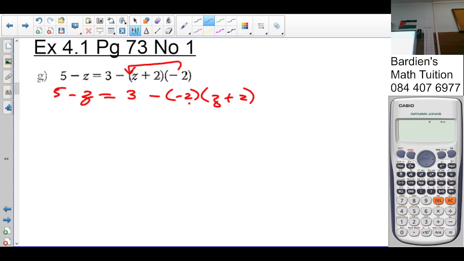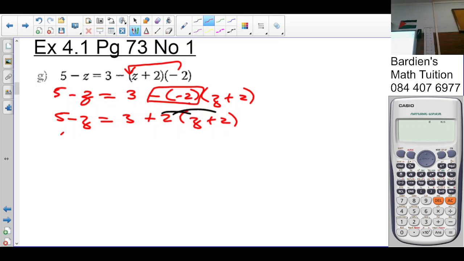This here. Okay, so you've got z squared. So you've got 5 minus z is equal to 3. That is going to give you positive 2 into z plus 2. Just get rid of the brackets. So 5 minus z is equal to 3 plus 2z plus 4. Bring that over, that on that side.